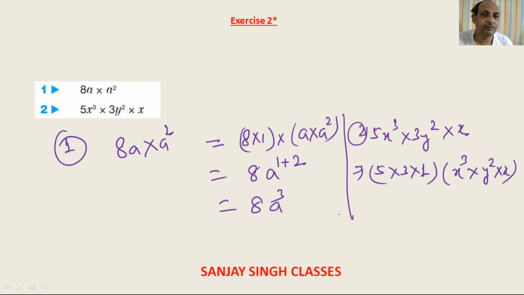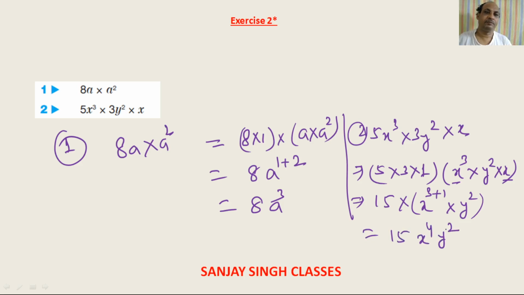This one will be 5 into 3, it is 15, and x to the power 3 plus 1, since the power of this x is 1, into y square. There is no relation between x and y, both are different. So it will become 15x to the power 4 y square.